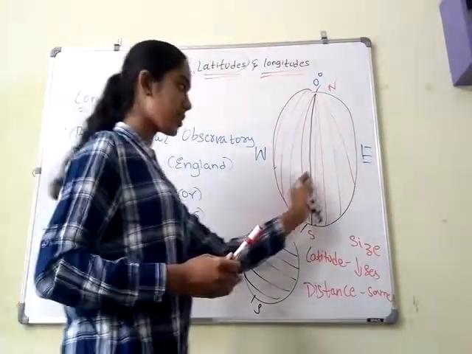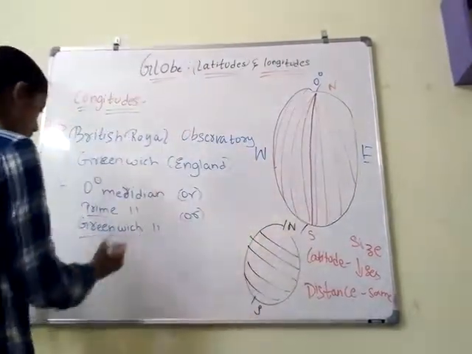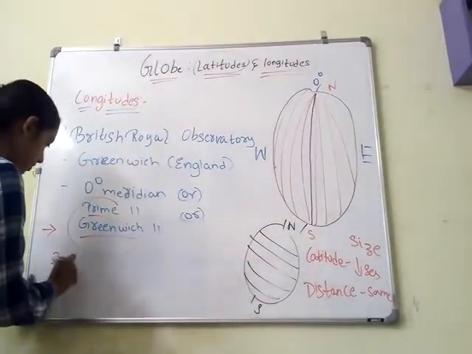So the part towards the east forms the eastern hemisphere. This divides the earth into two equal halves.